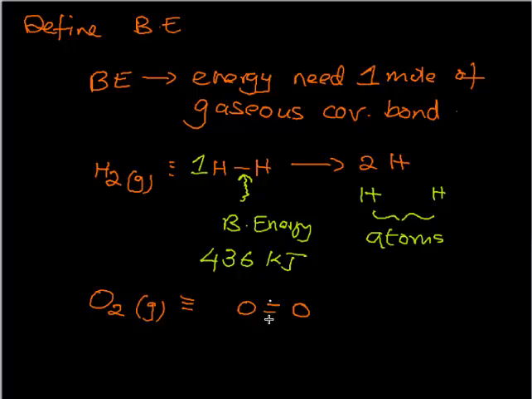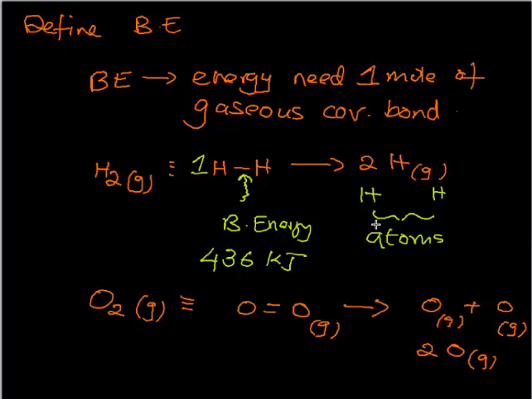Provided that we have a covalent bond and we are in the gaseous state, if we erase the bond, we obtain O plus O, which is of course 2 O. All of them are in the gaseous state, so it's good to write gas again there.